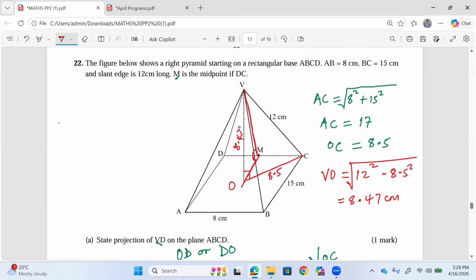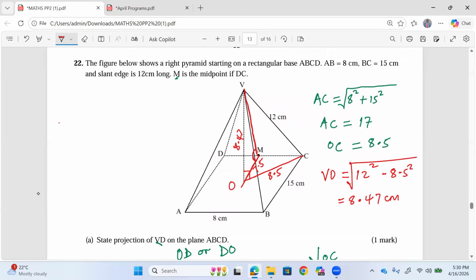So the vertical height is 8.47 centimeters. Now we can also find the length from O to M. If the total length BC is 15, then O to M shall be half of that, 7.5.